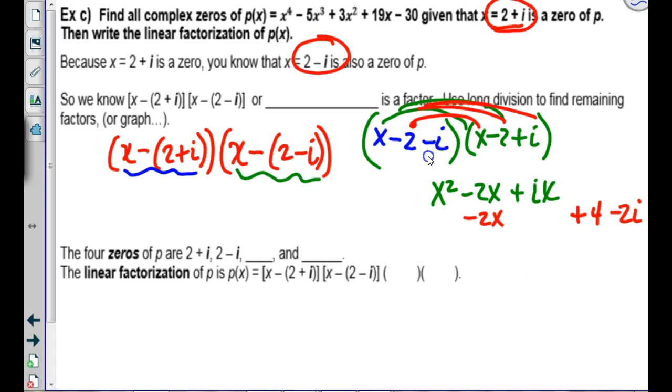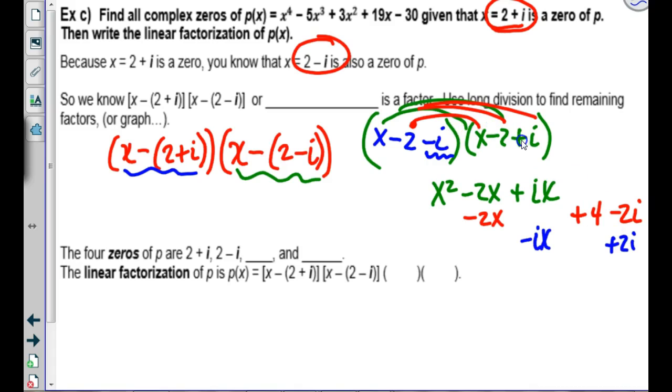Okay, finally I have to distribute this i back there. I get a negative i times x. Yep, it's going to match up with that one and cancel it out. Then I get a negative i times negative 2 would be what, guys? Positive 2i, that's going to match up with this guy and get rid of it.